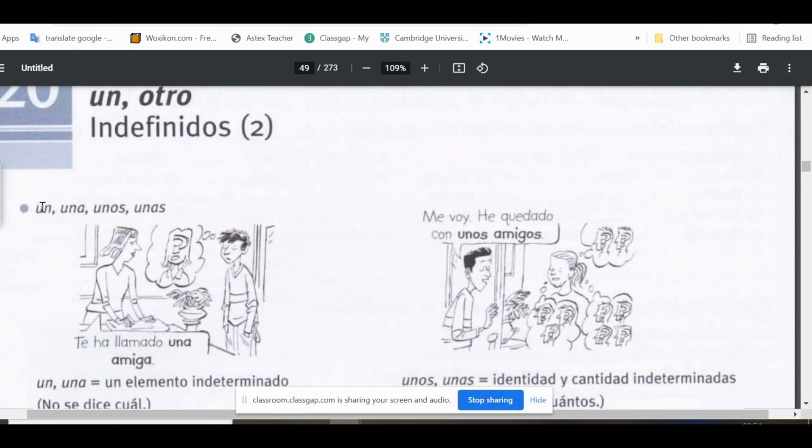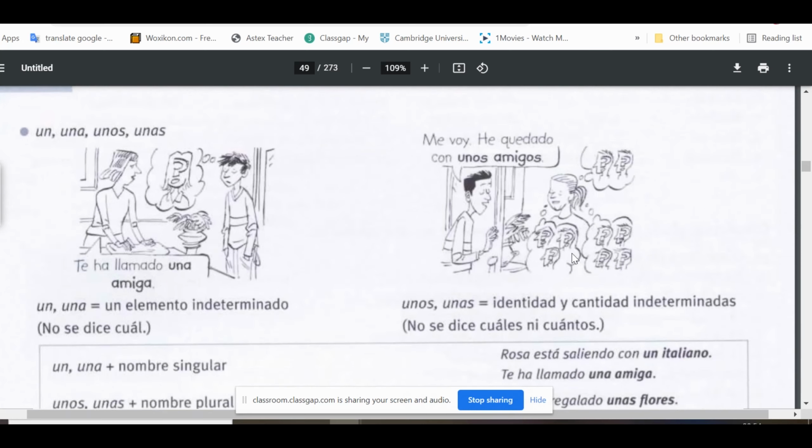In English, it's gonna be a or some. For example, un vaso, una silla, un perro. En plural, unos amigos, unas chicas, etcétera. Fácil, ¿no?